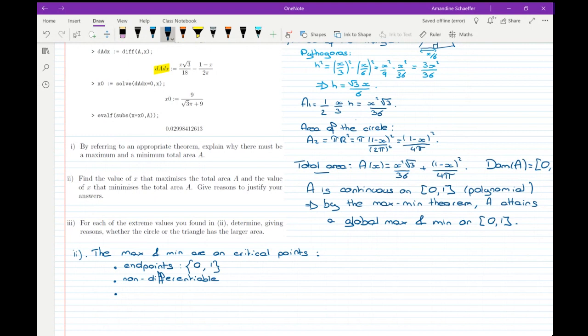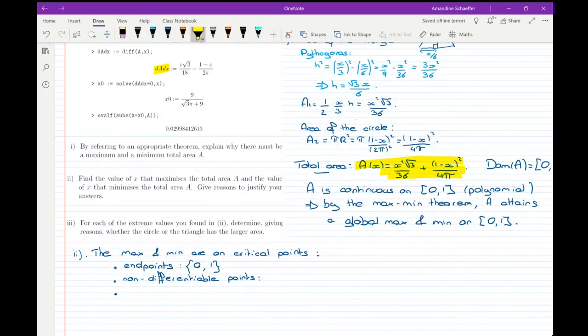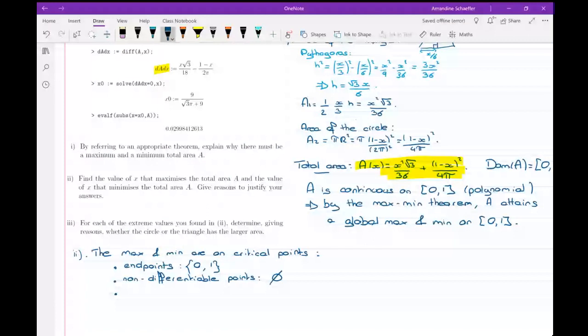Well, let's have a look at our function again. A of x is here. It's continuous everywhere, and it's actually differentiable everywhere. Okay, it's just a polynomial. So there are no points where the function is not differentiable. So this is the empty set. Hope you've seen this notation.